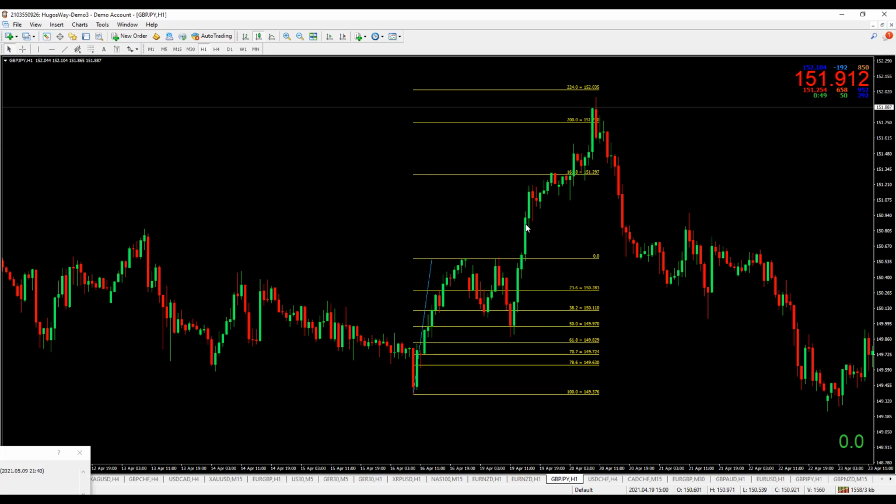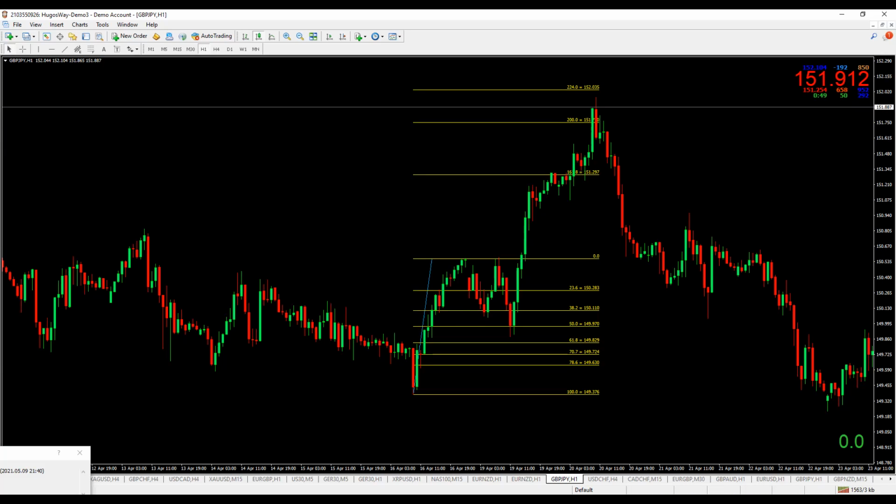So it goes above 0 there, and the numbers above 0 are negative Fibonacci levels, whereas the numbers below here are positive. I know we need to get our head around this, so I will take my time and explain this.